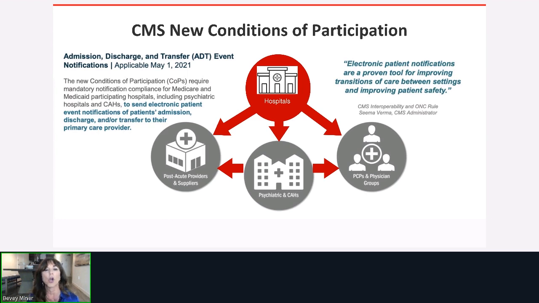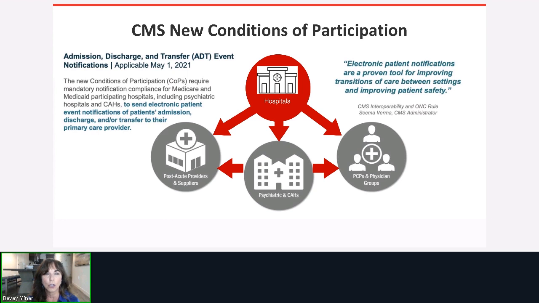Who's that target market that we're talking to? The acronym is COP. This particular rule for the admissions, discharge, and transfer alerting is focused on hospital systems. The rule will take effect on May 1st of 2021.